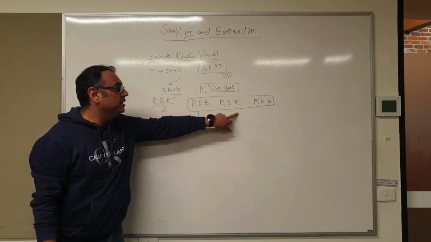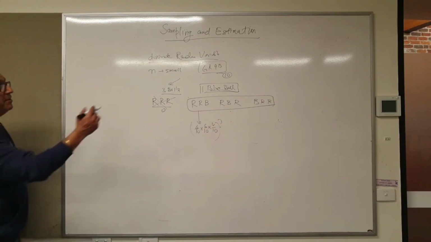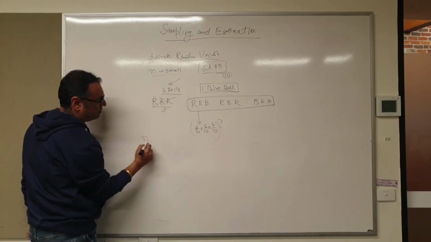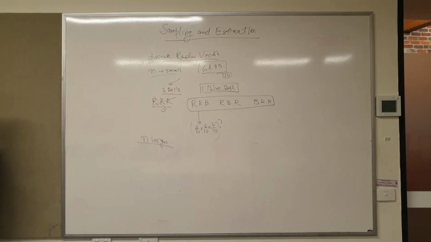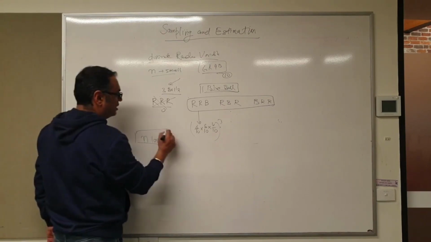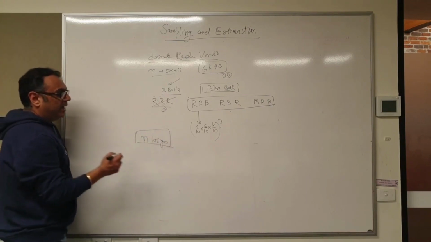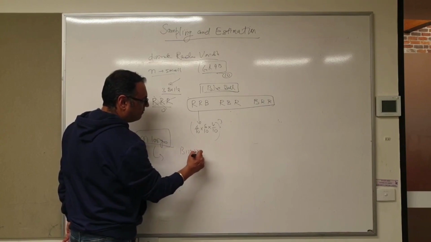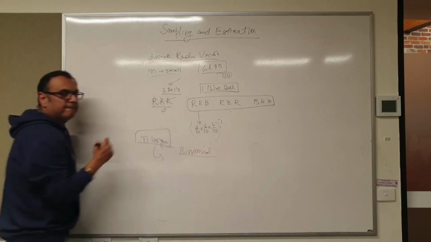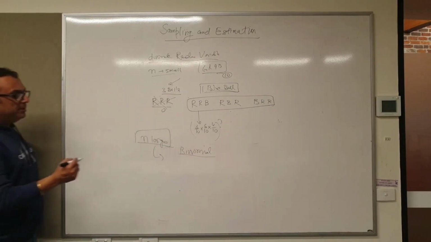So when my n was a small number, I used to deal with it this way. Now, when my n became really large, I started using something called binomial.